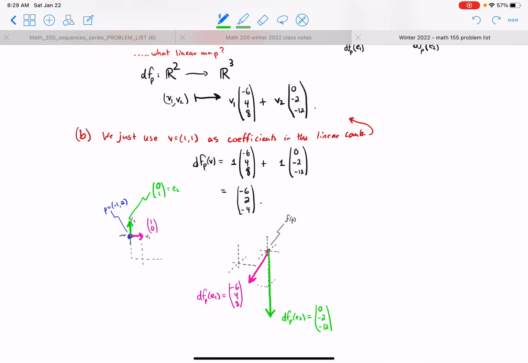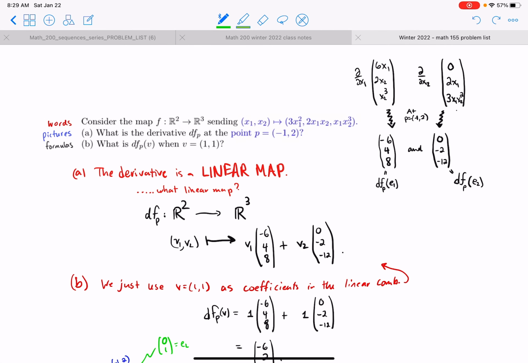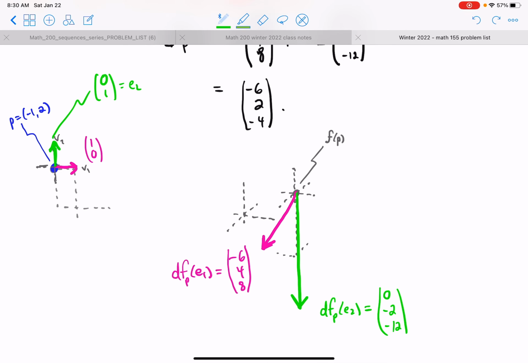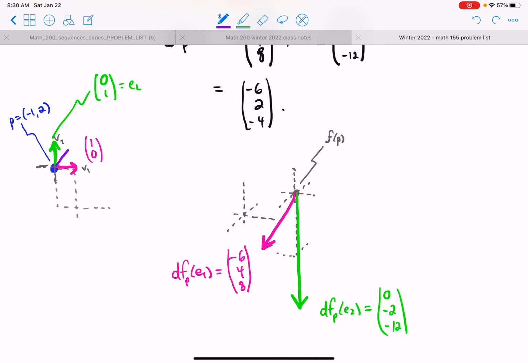Okay, and now where's V? I need to draw a picture somehow. P is in my picture. F of P is in my picture. What about V equals 1, 1? Well, let's draw that in purple. That's the vector 1, 1.